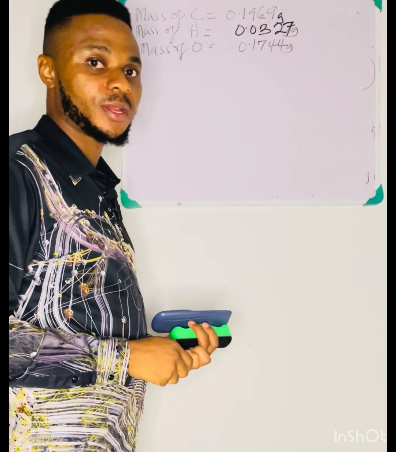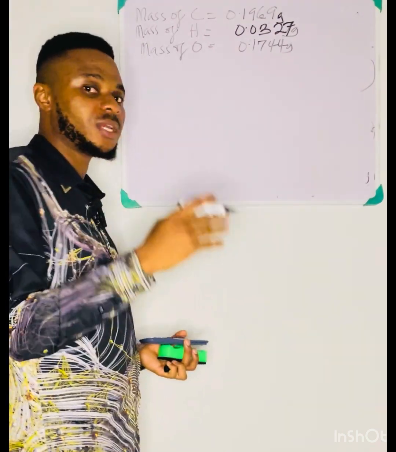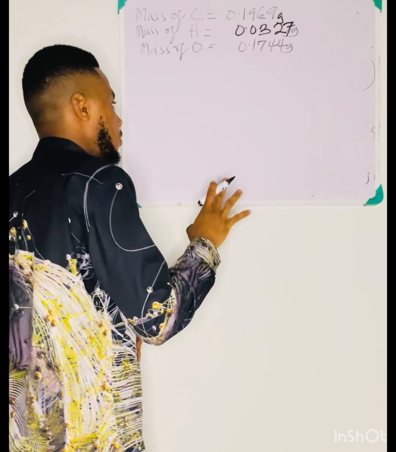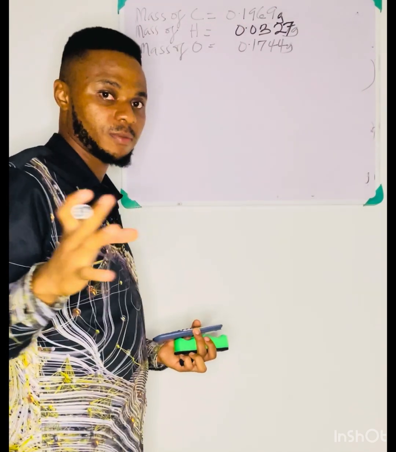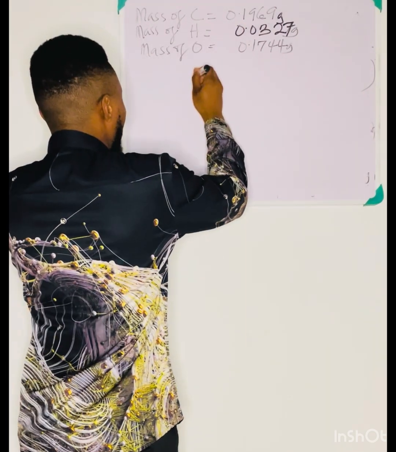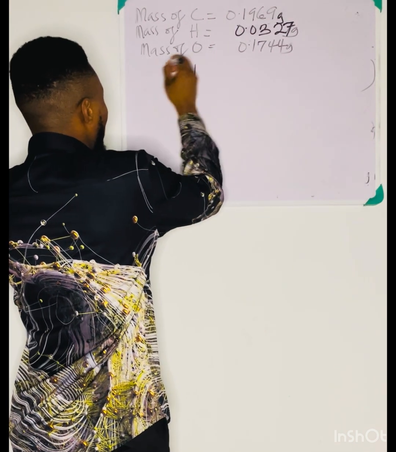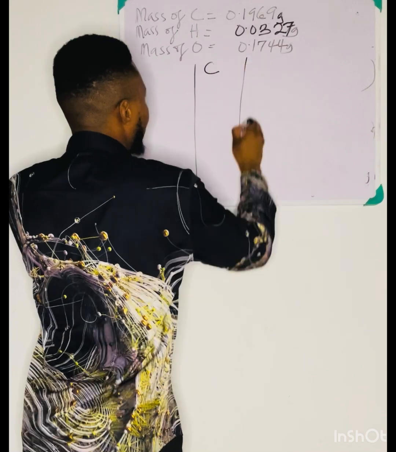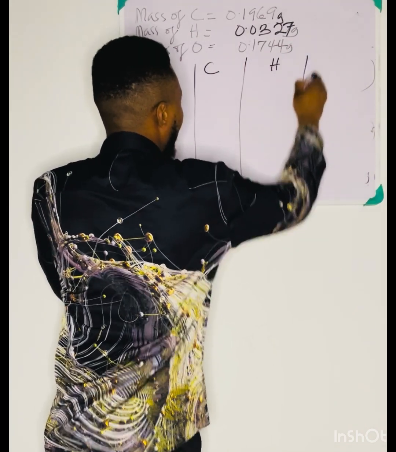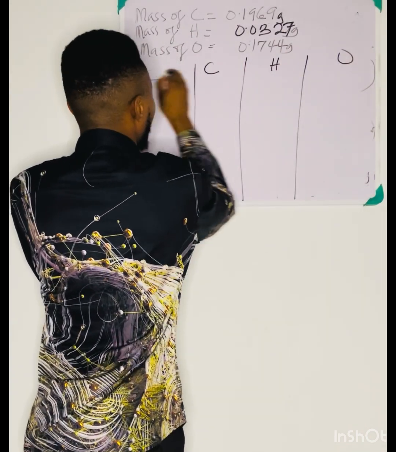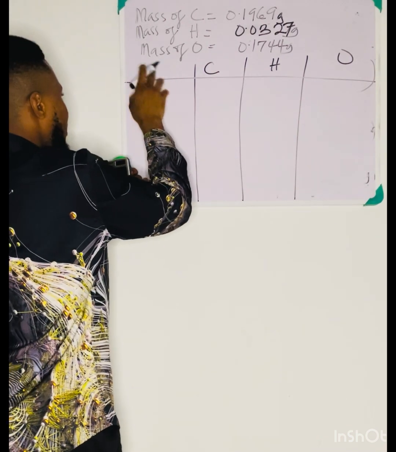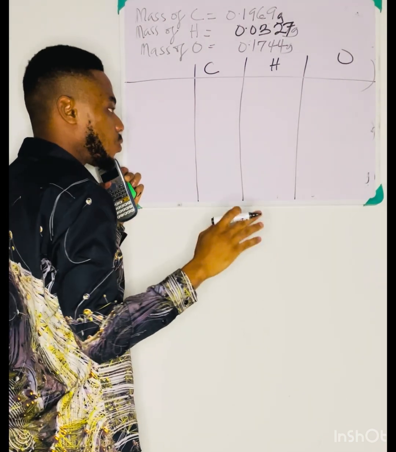Let's solve the empirical formula first. I'll be creating a table that will help us get the empirical formula. We'll have carbon here, hydrogen here, and oxygen here. This area is for the factors to consider.